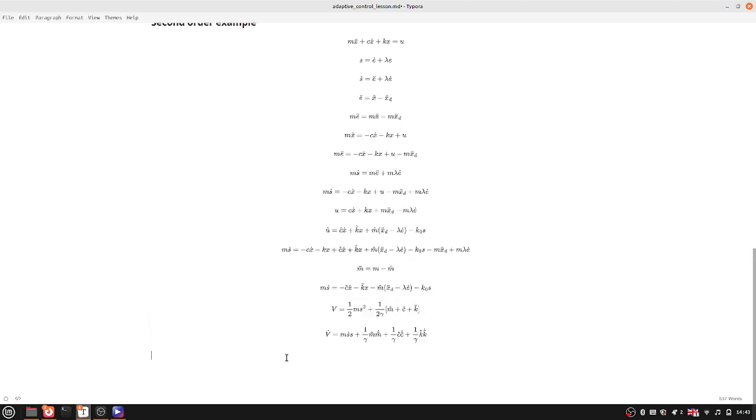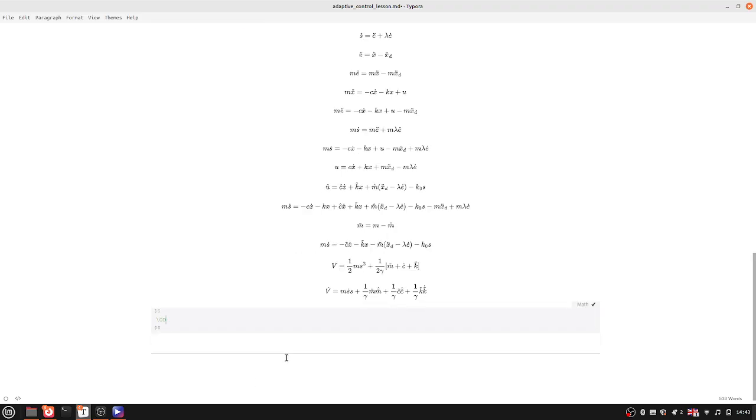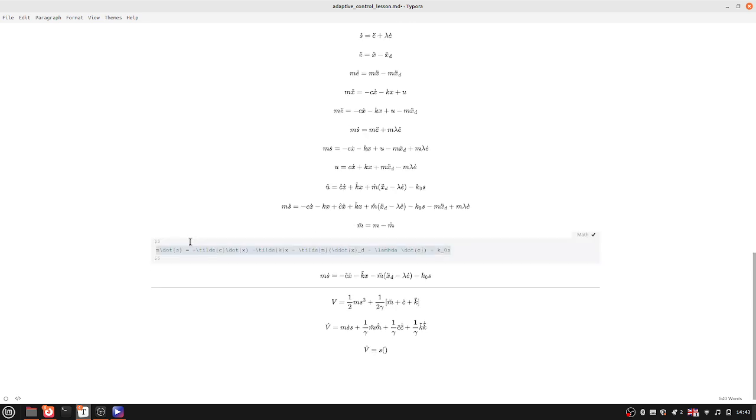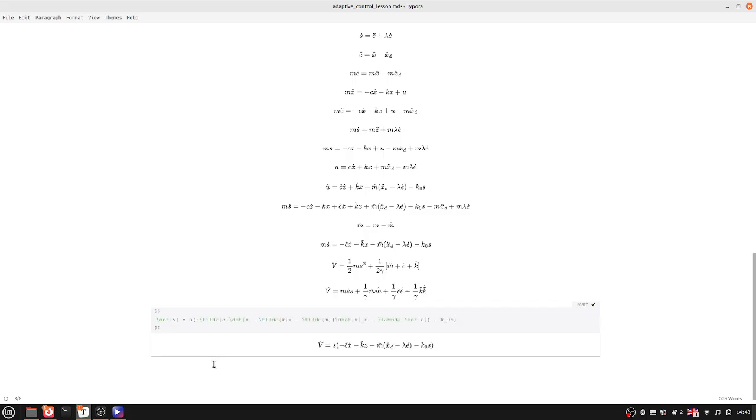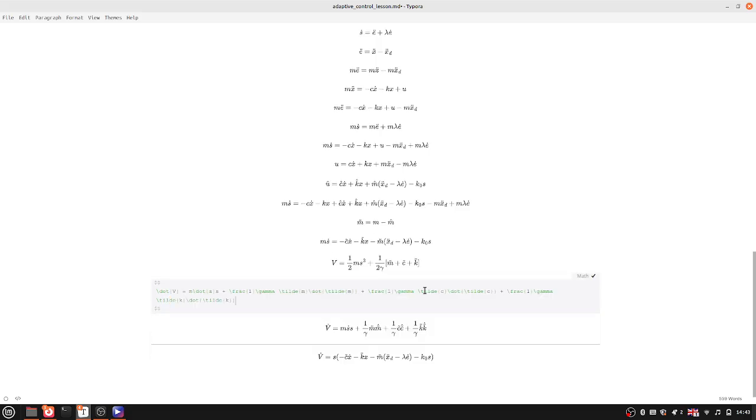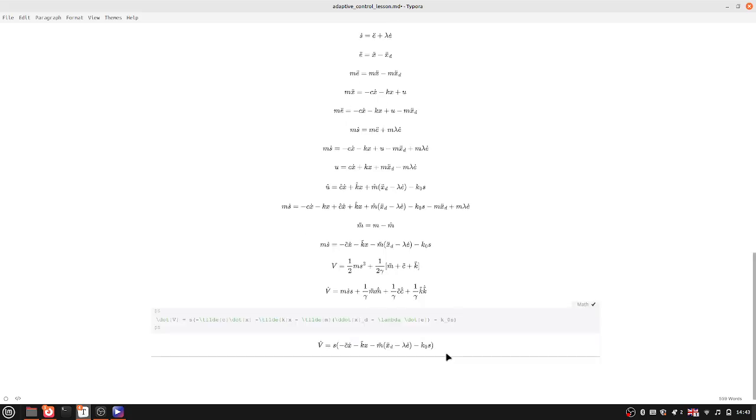Substitute in our dynamics. So V dot, big V dot, is equal to S times, let's copy and paste our M S dot, save some time. There we go, that's M S dot, and then all of these fractions are exactly the same, unchanged.